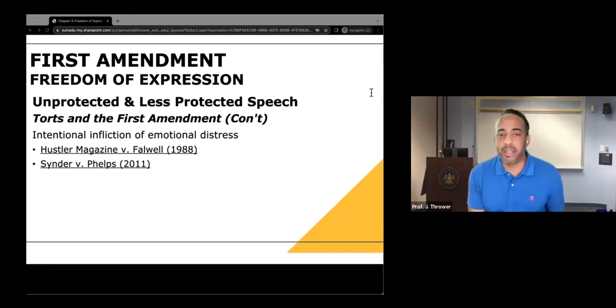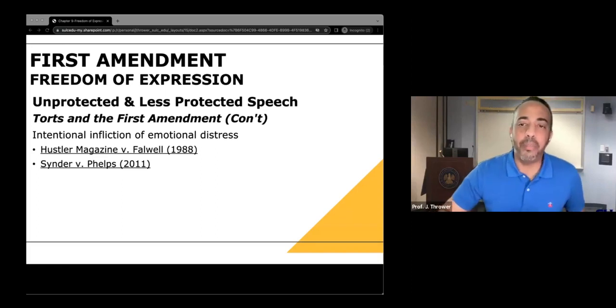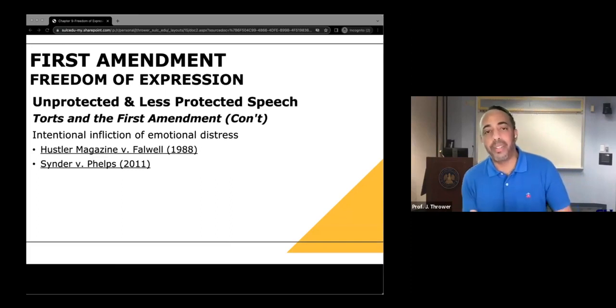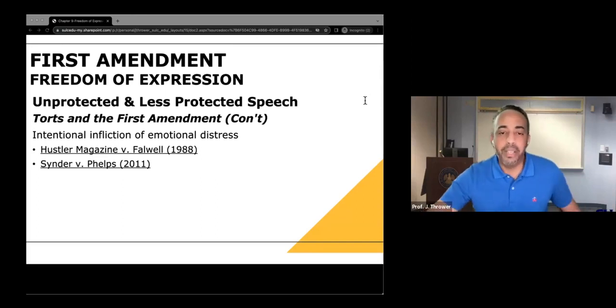In undertaking the question, the court, in an 8-1 opinion, ruled that liability under intentional infliction of emotional distress violated the First Amendment and determined that the church's speech was, in fact, on a matter of public concern. And the court ultimately concluded that the government cannot create liability or punish speech because it is offensive, even if that speech is deeply offensive, right?